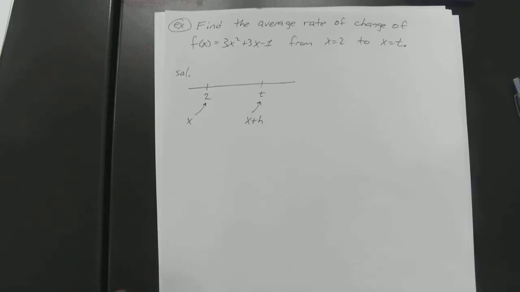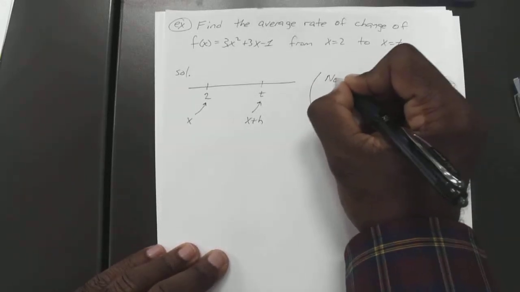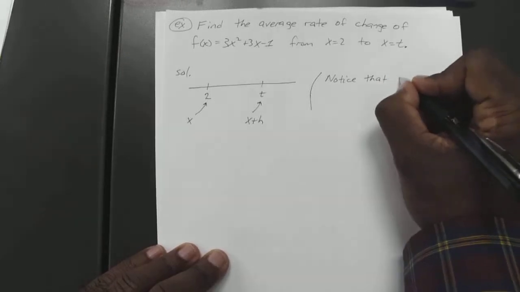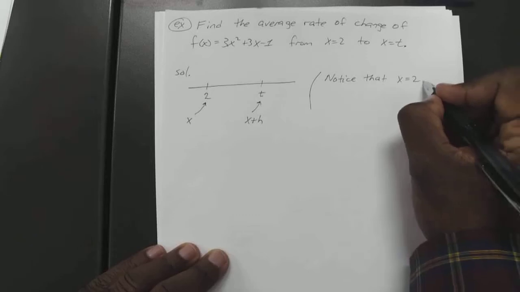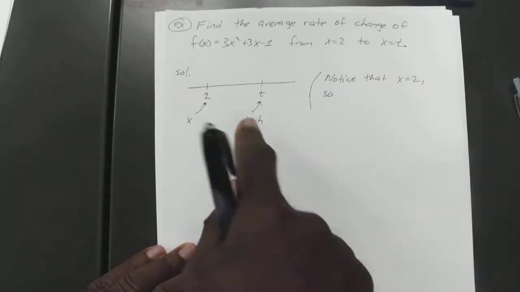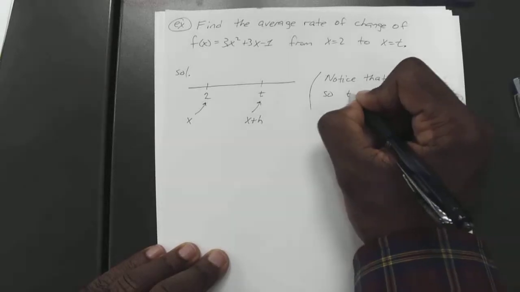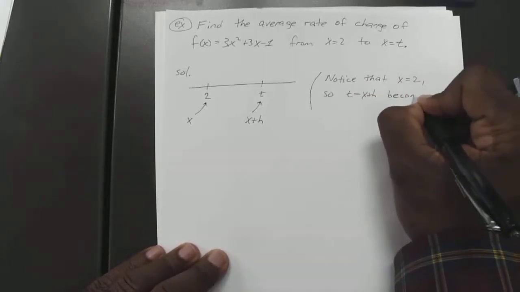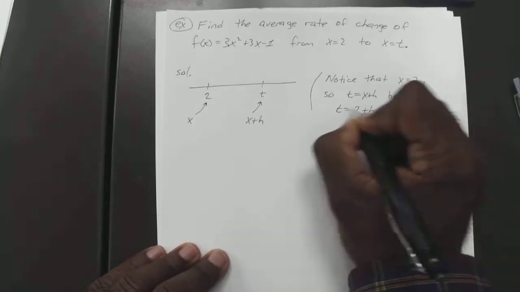All right, so where did I leave off? The first thing you want to do is notice that x is equal to 2. So if you have x plus h equals t, it becomes t equals 2 plus h.